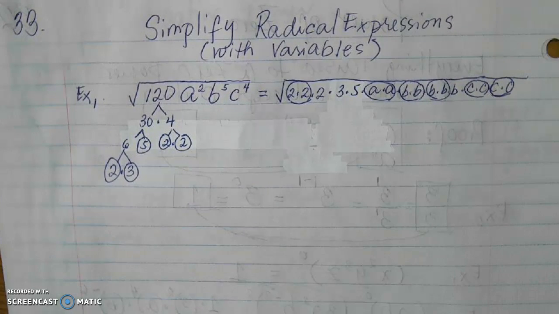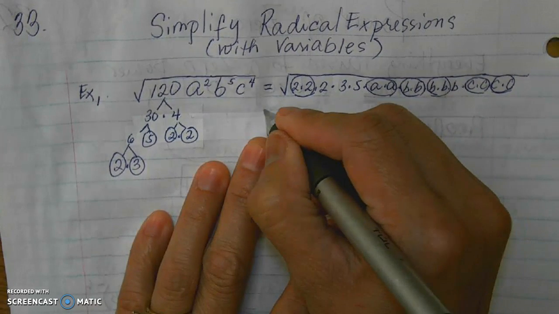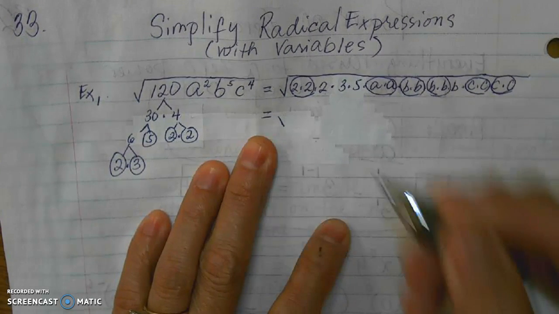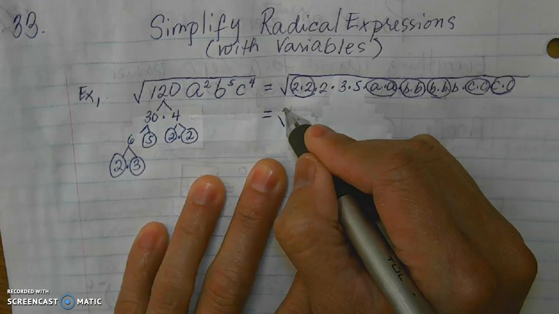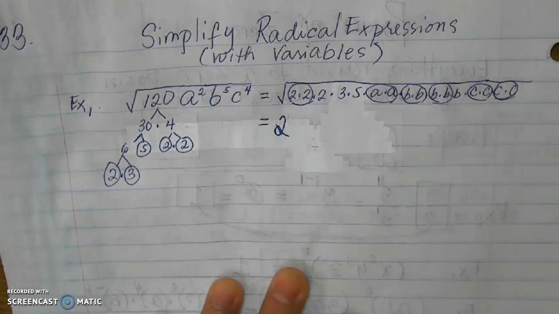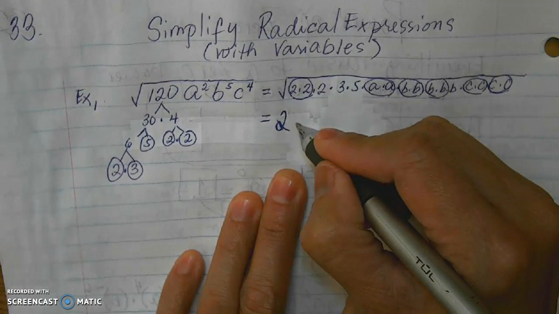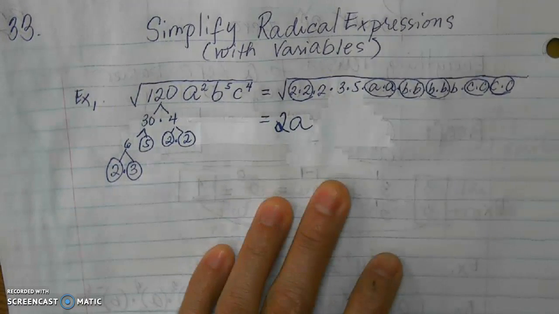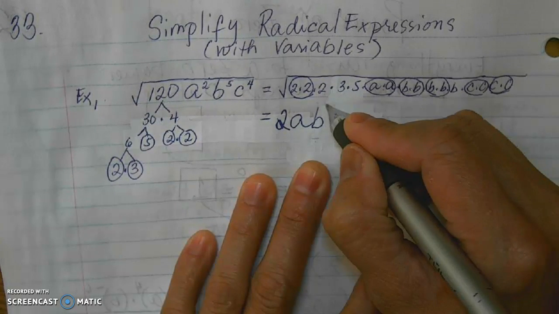Okay. So therefore, this will now come out to be, the 2 will be taken out as one piece of 2. And then the a as well will go out with 1 a. The b's are 2 pairs, so you have b squared.